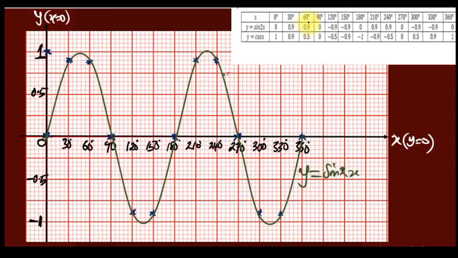When it is 60, it is 0.5. When it is 90, we have 0, that same point. When it is 120, we have minus 0.5, so it is down here.